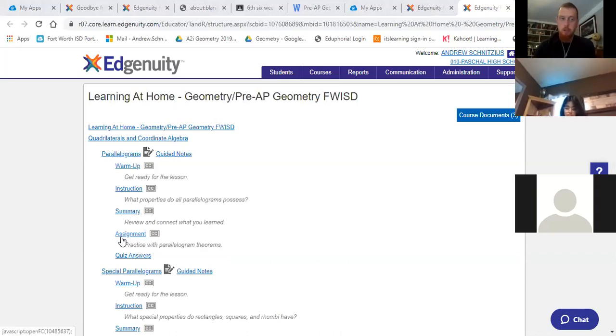So this says use parallelogram A, B, C, D. What are the values for X and Y? So I'm drawing this out on a separate sheet of paper, and I'm going to switch over to the document camera here in a second. A, B, C, D. So it says that X is 17 and Y is 10.